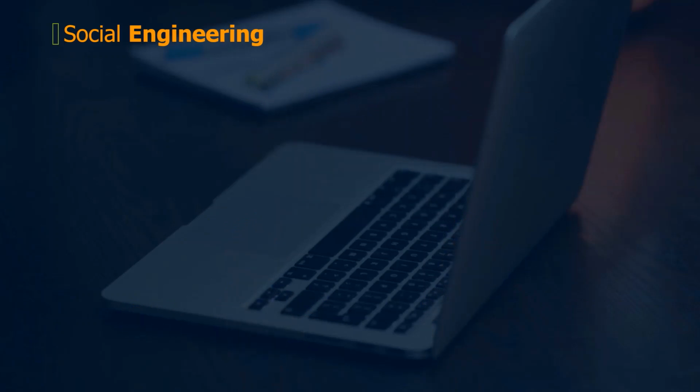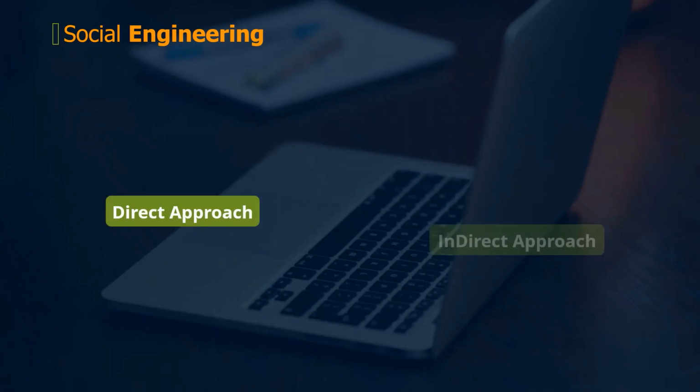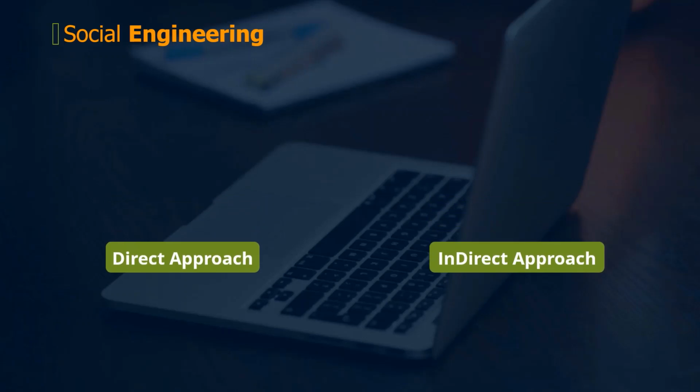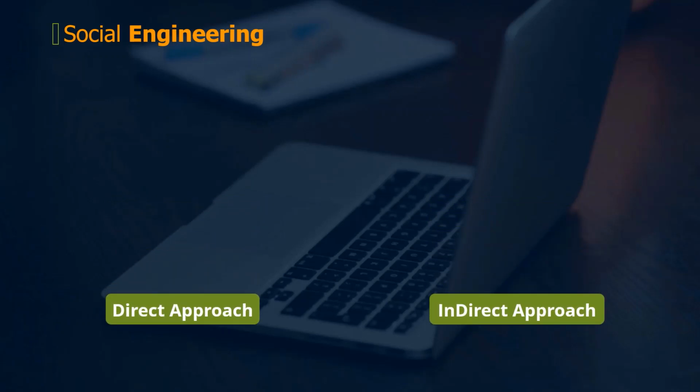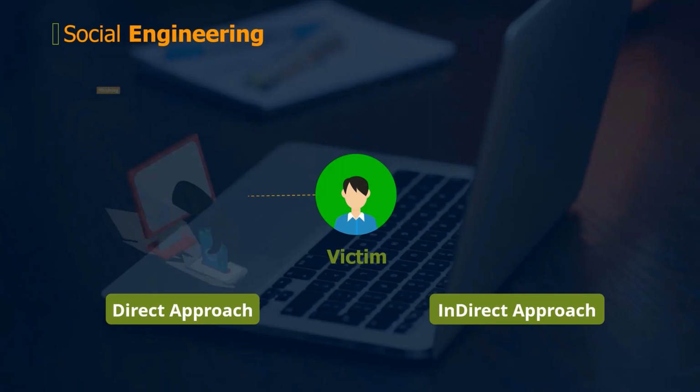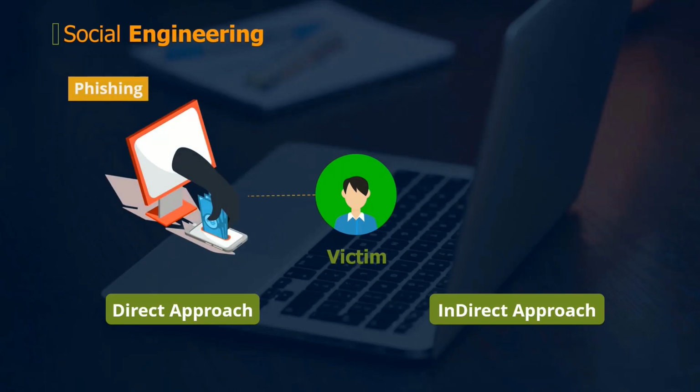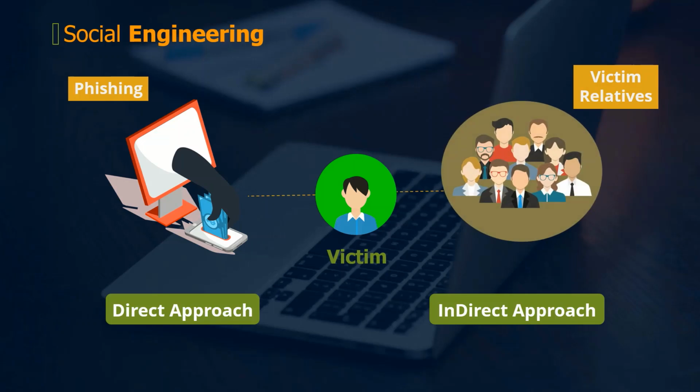It has two approaches: direct approach and indirect approach. Direct approach: the imposter directly convinces the victim to reveal information through the means of phishing. In indirect approach, direct participation of the victim does not happen. The attacker gains information through victims' relatives or friends.